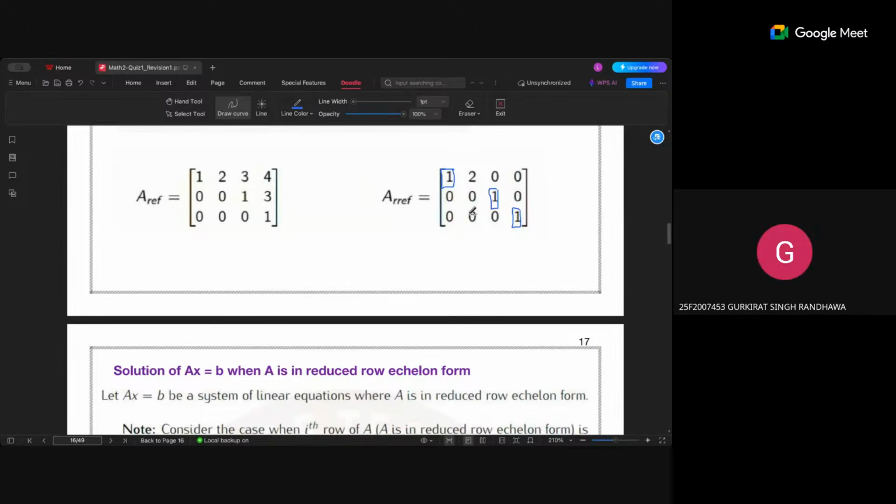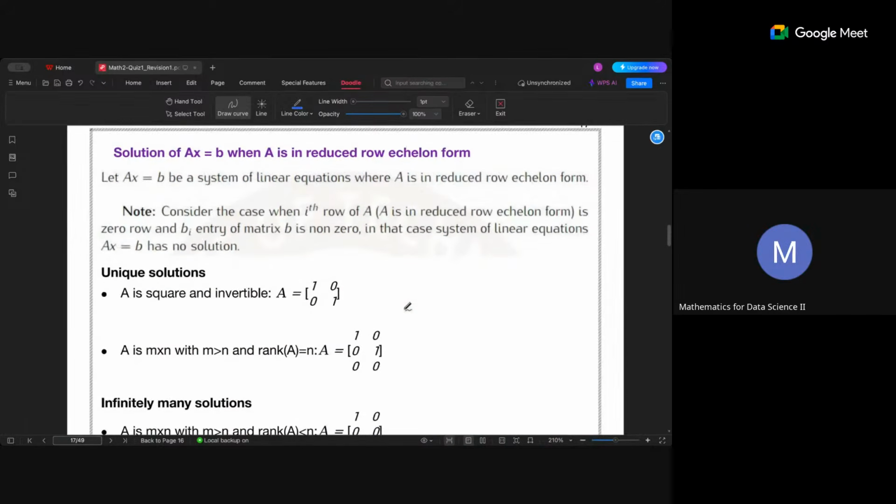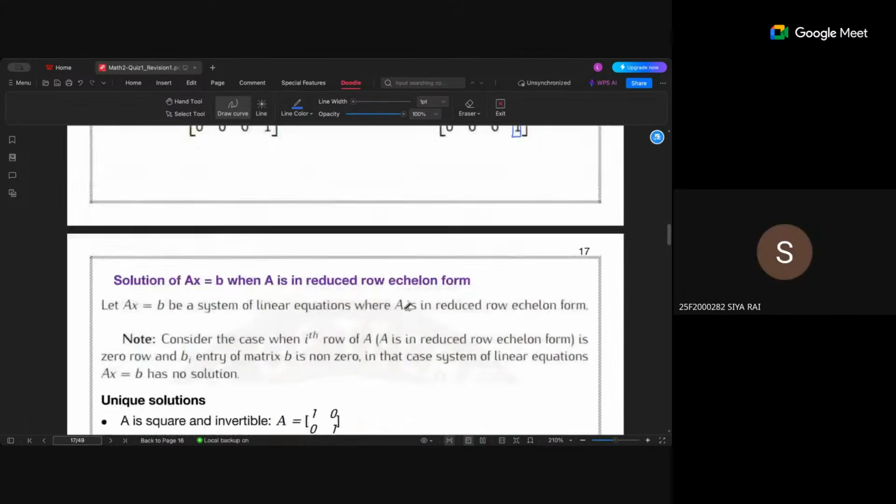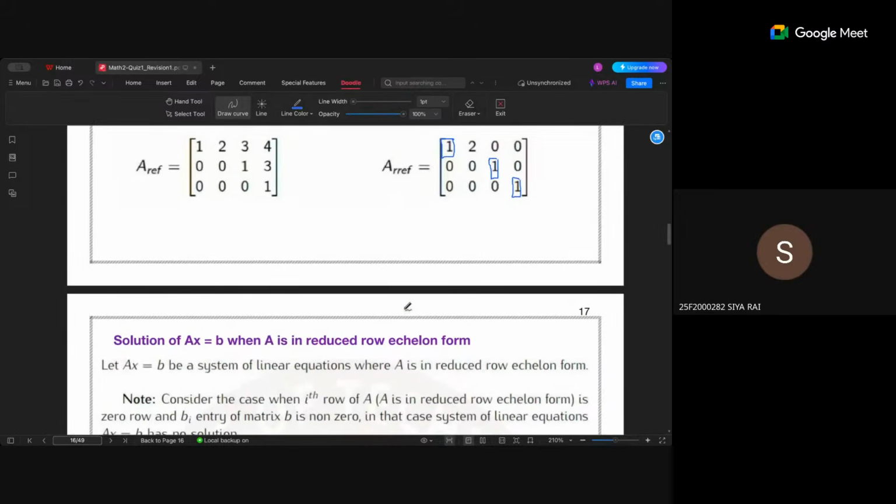Then it is not even REF, because here you see the pivot elements are to the left, not to the right. Okay, fine. So, ma'am, for it to be an RREF, only one should be present. Yes. In any column containing a leading entry, not all columns, only one should be present.